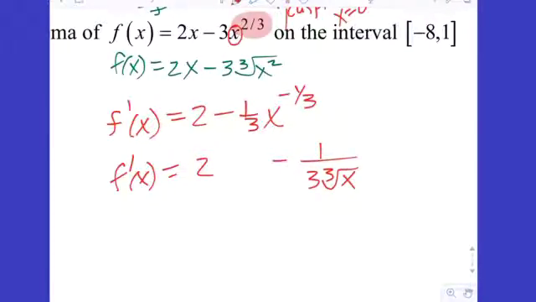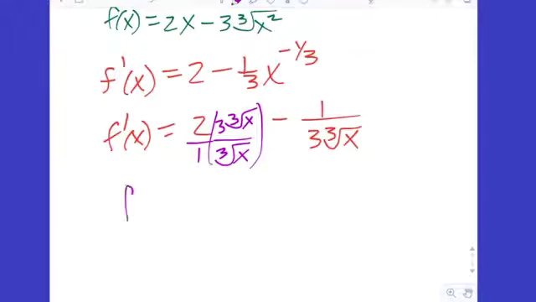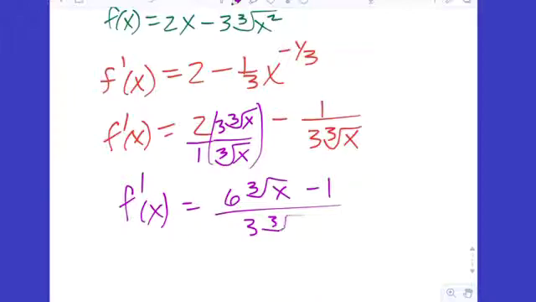This is really over 1, so I'm going to multiply by 3 cube root of x over 3 cube root of x. What that does is it allows you to get a common denominator. So now, in the numerator, you get 2 times 3, that's 6 cube root of x minus 1, all over 3 cube root of x.